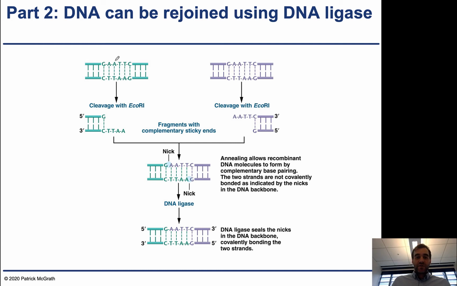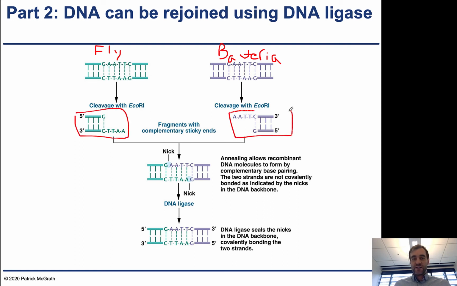Once this happens, this is again an example of how we can form a chimera. So we take DNA, let's say this is fly DNA right here, DNA we got from a fly, and this is bacteria DNA right here. These are two sources of DNA with completely different sequences. Now let's say we cut both of these with the enzyme EcoRI, and we are going to be left with DNA that has this overhang right here, and DNA that has this overhang right here from the bacteria sample.